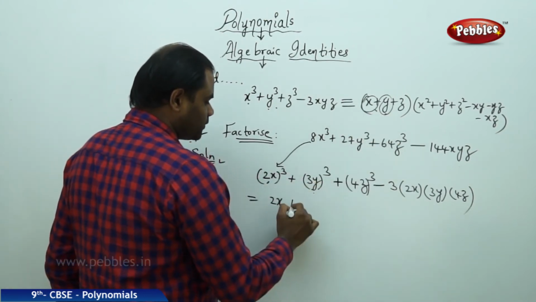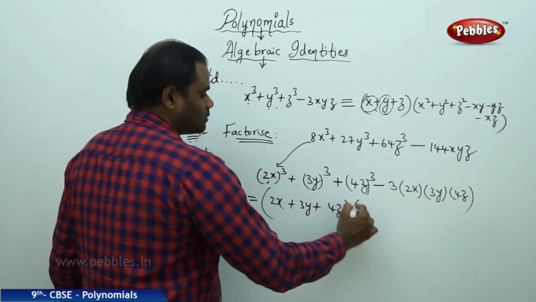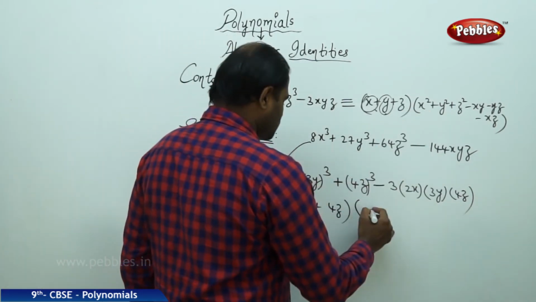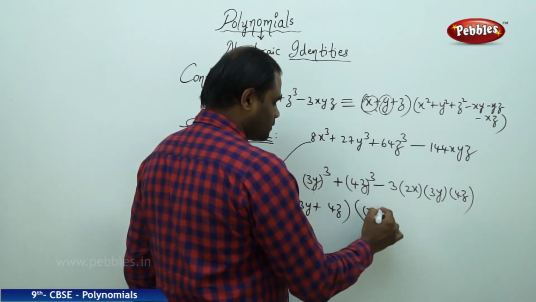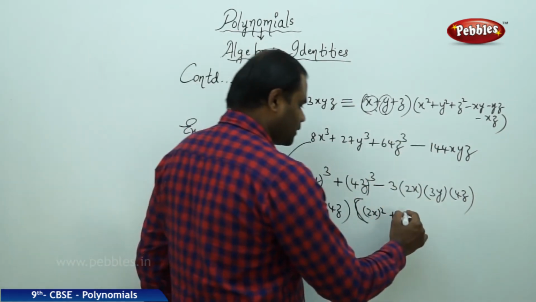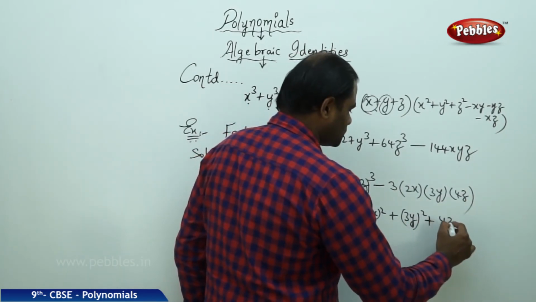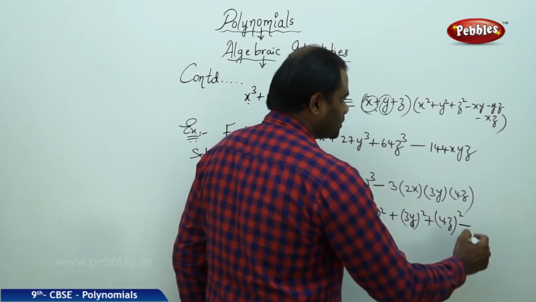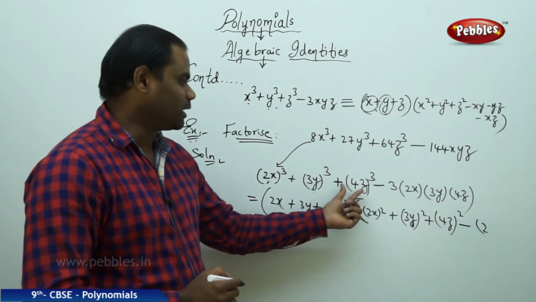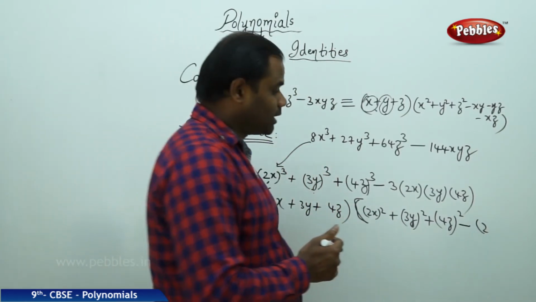So my x is 2x, my y is 3y, and my z is 4z, which comes in the first factor x plus y plus z, and then x squared, which is 2x whole square, and y square, which in place of y is 3y whole square, and my z square, which is 4z whole square, minus xy, where x is 2x and y is 3y, and so on, are substituted for x, y, z in the main algebraic identity.